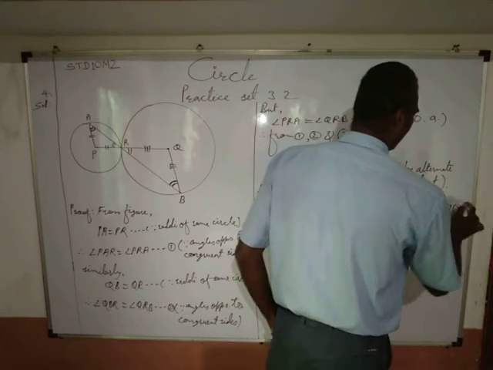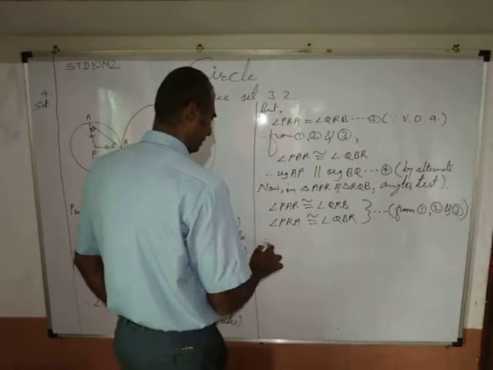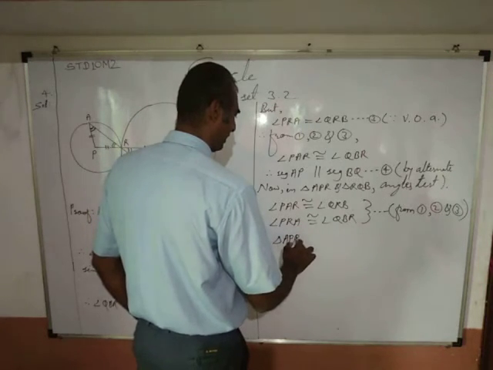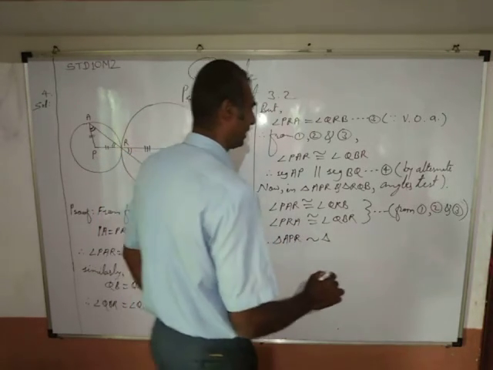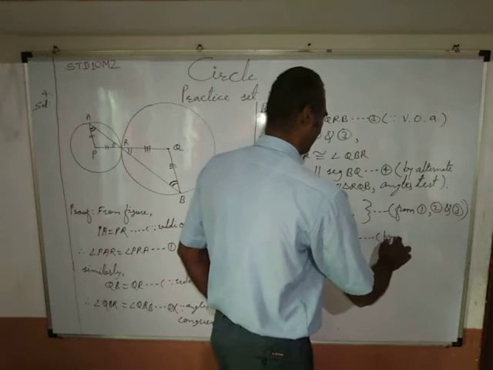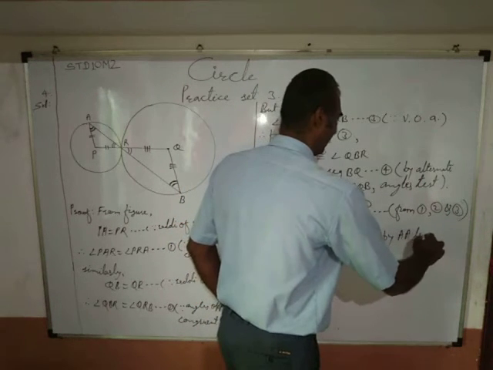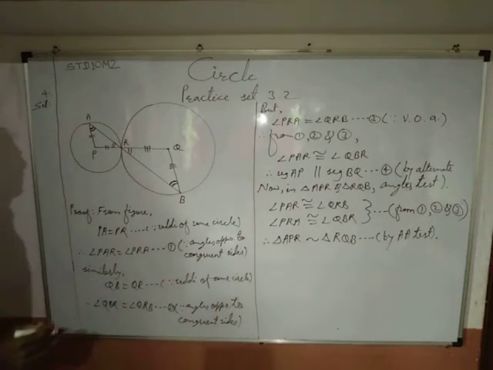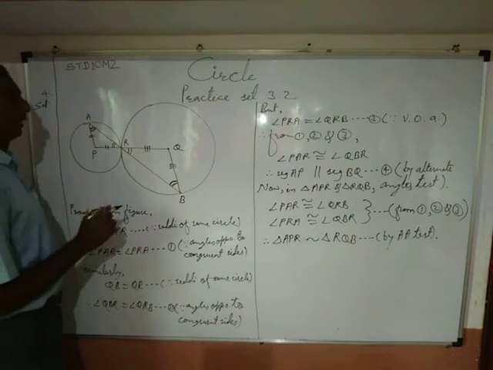And therefore triangle APR is similar to triangle RQB by AA test. And if two triangles are similar, then their corresponding elements are congruent.